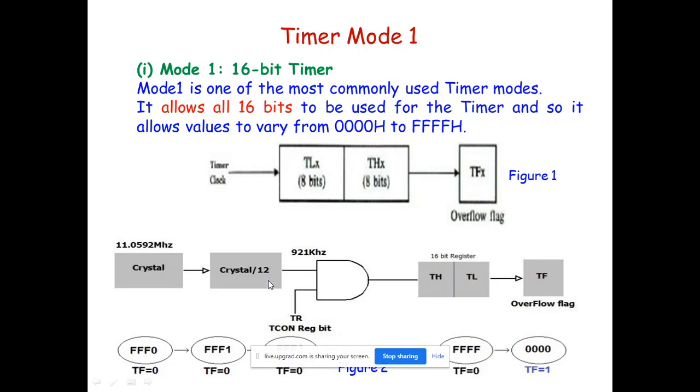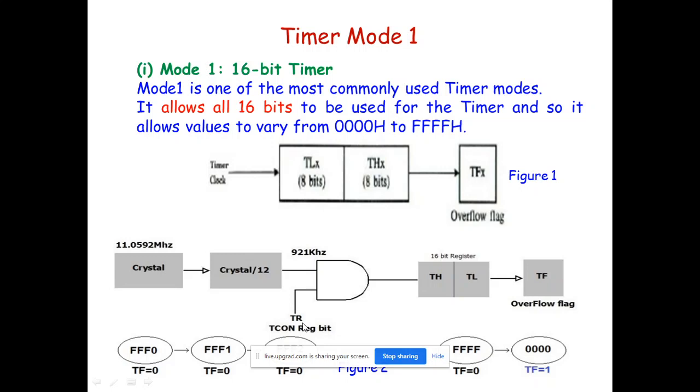It is divided by 12 because it is 8051, as per the architecture, and we get a clock signal whose frequency is 921 kilohertz and time duration is 1.085 microsecond.